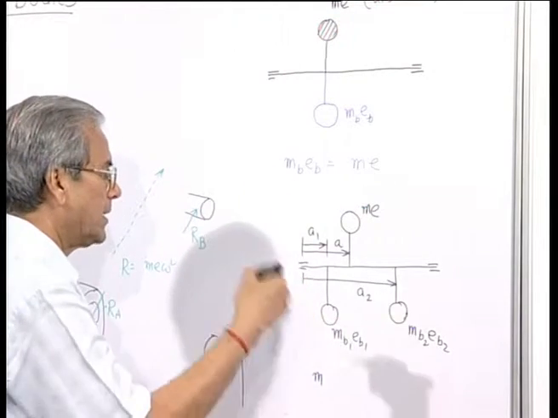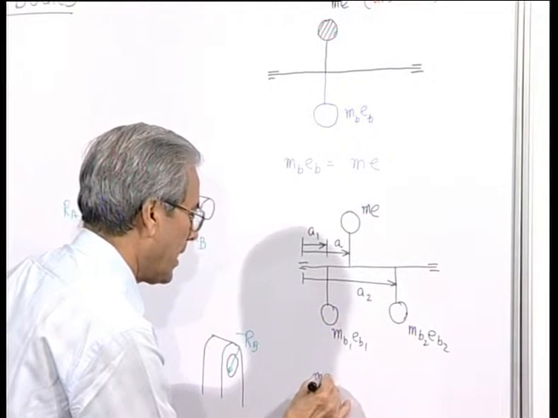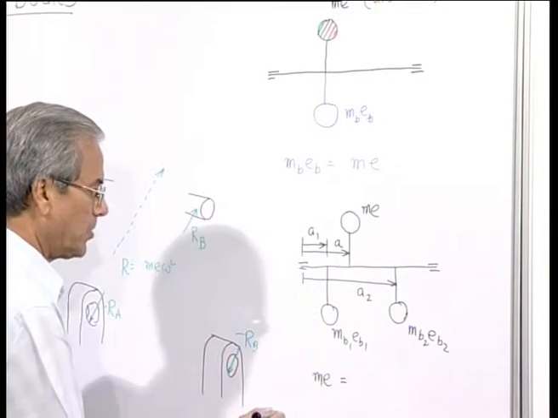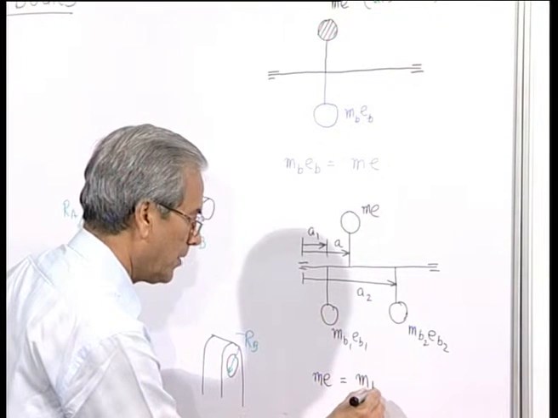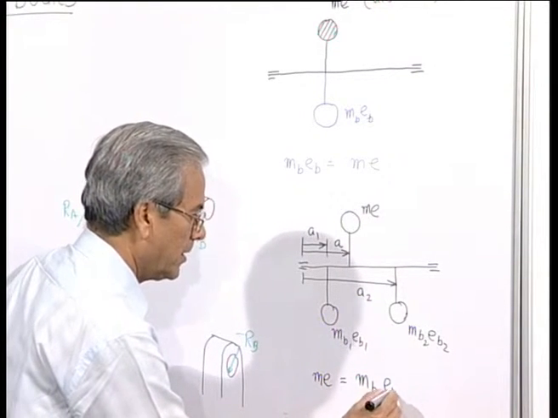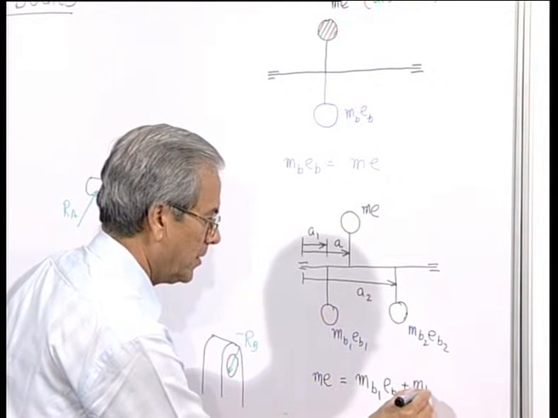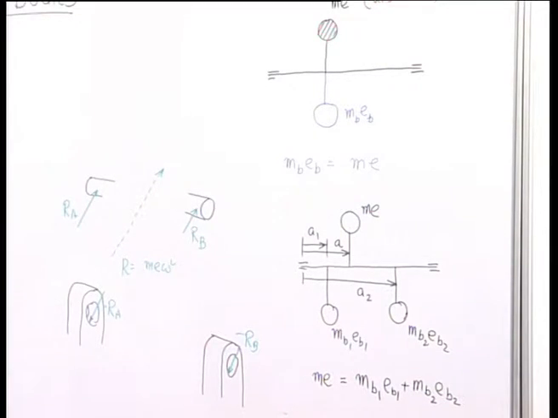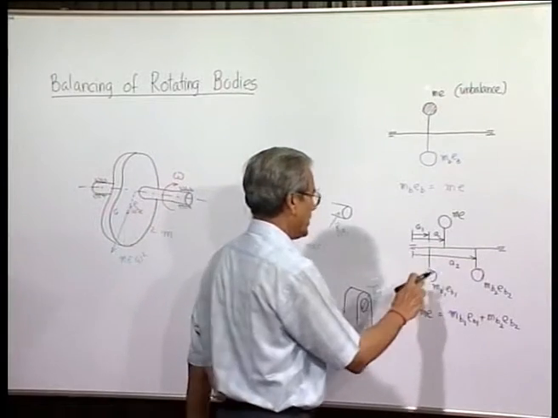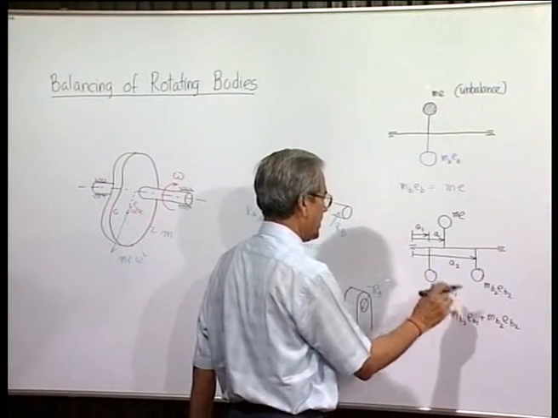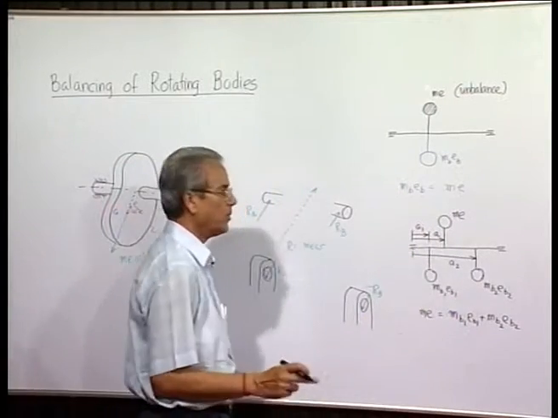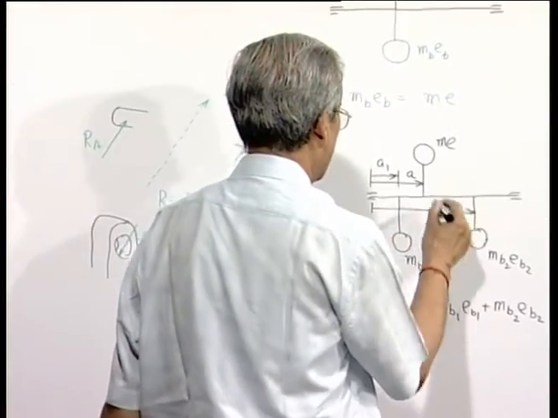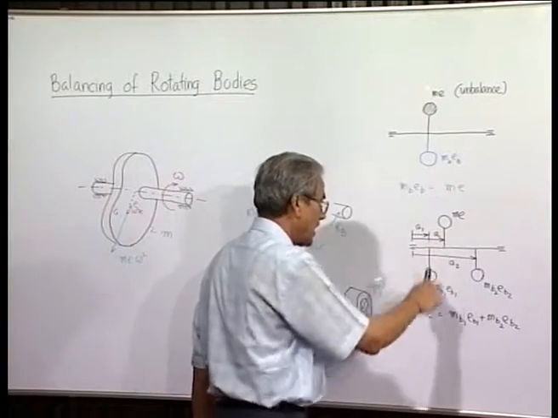Since all of them are rotating at the same angular velocity omega, the total centrifugal force of the balancing masses will be equal to the centrifugal force of the unbalance if this equation is satisfied. This ensures that the sum of the two centrifugal forces is equal to the centrifugal force of the original unbalance. But to neutralize, we need another condition, that they must also be equal and opposite and pass through the same line.